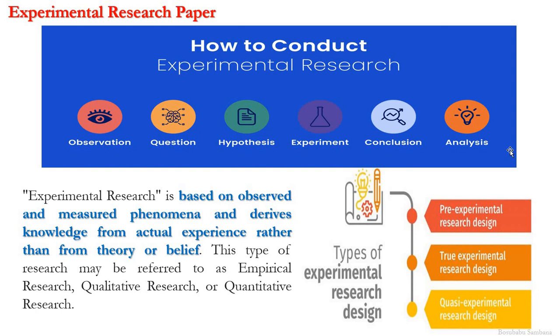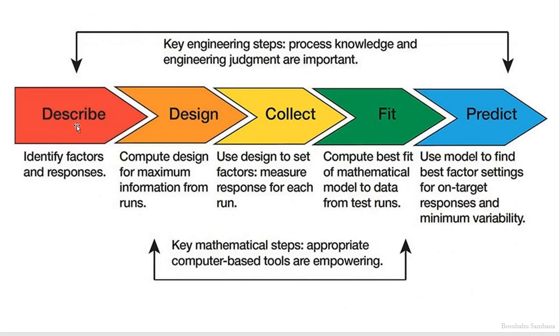Generally, experimental research is categorized into three factors: pre-experimental research design, true experimental research design, and quasi-experimental research design. Here is how to form the hypothesis for the experiment, finally the conclusion. This diagram will guide you in the practical way.